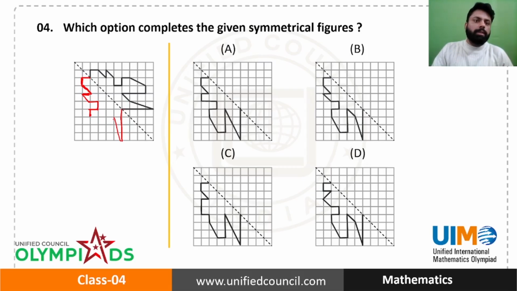Then one step. The three steps. Then one step. Then three steps down like this. And then finally it is going to be like this. So this is what the final answer is.